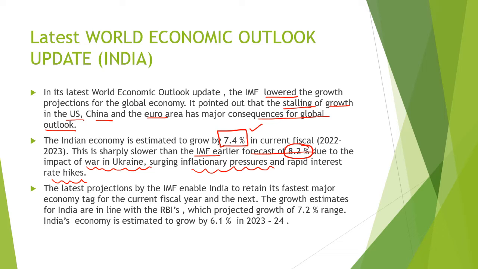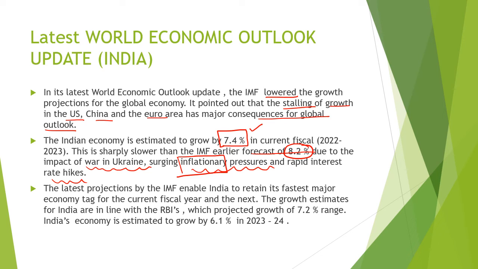Now, I need to make a new video on inflation particularly, and I will discuss there how inflation is going to affect India's economy and the global economy as a whole. I have already discussed federal rate hikes in my earlier video.